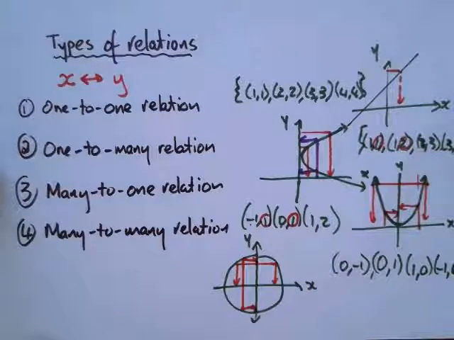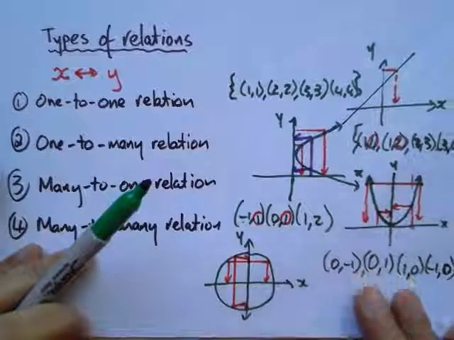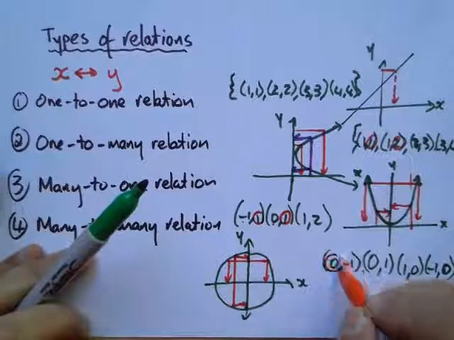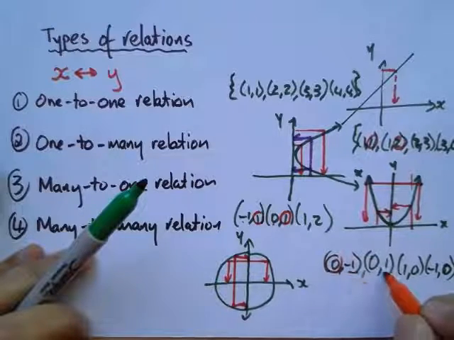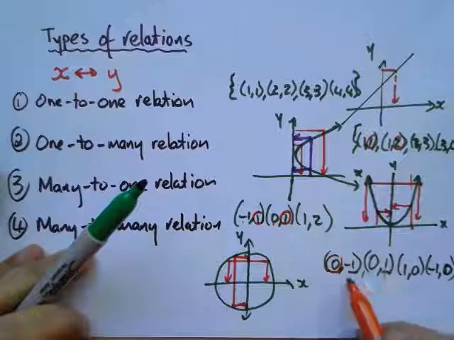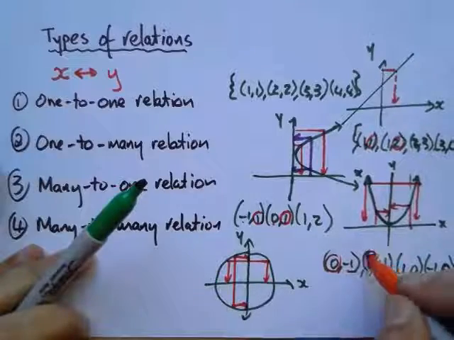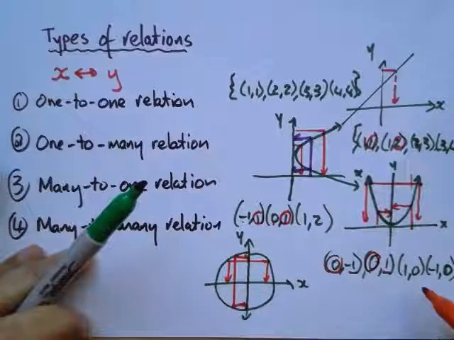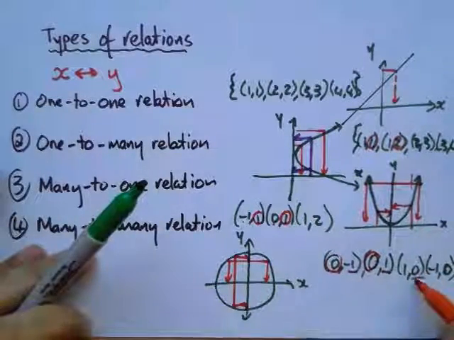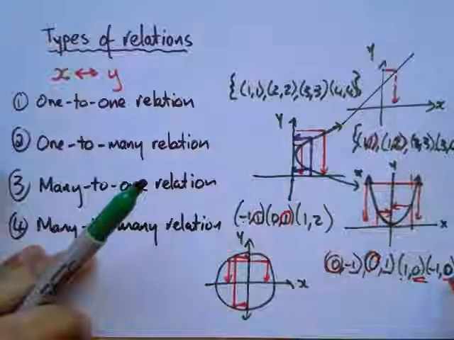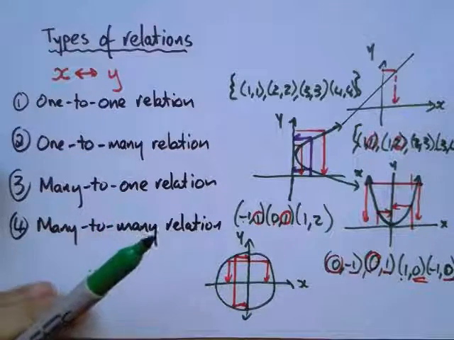So what we can see in this case is that for different y values, there are many x values and vice versa. For different x values, there's one y value.